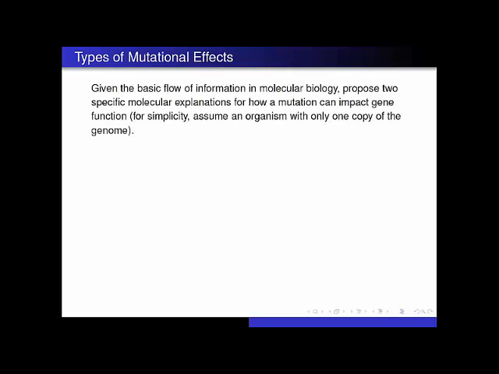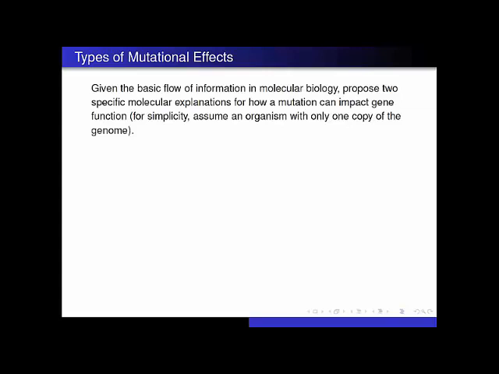And when I say ways, I mean in the language that we just presented, molecular explanations in terms of these molecules, DNA, RNA, protein, that a mutation could change gene function.